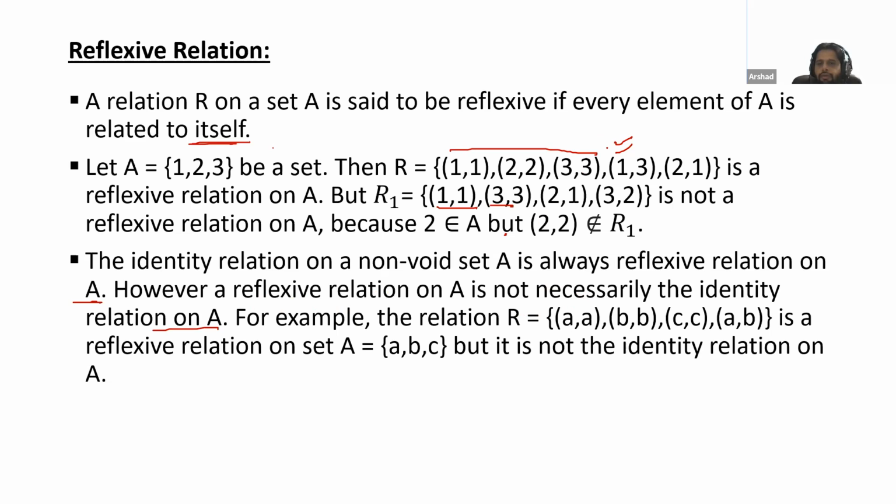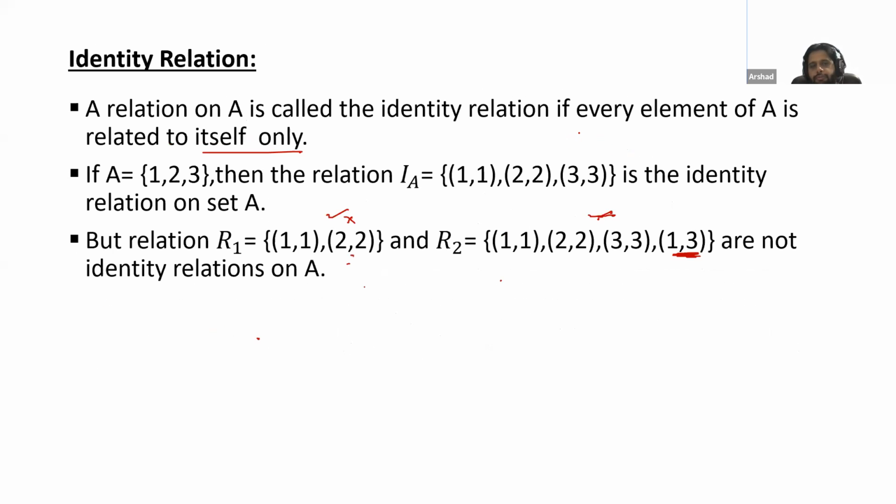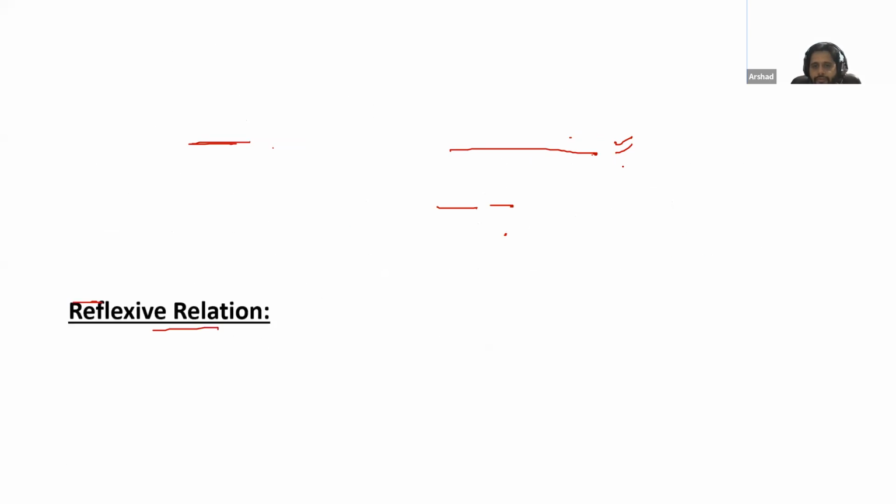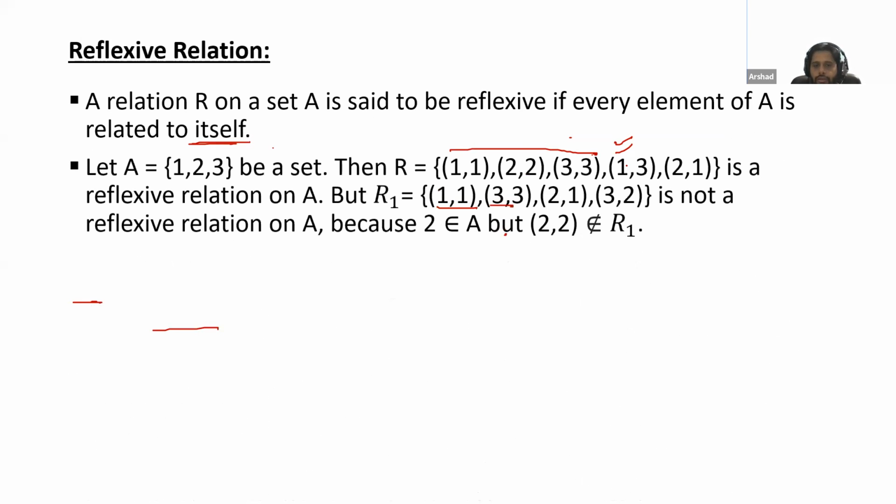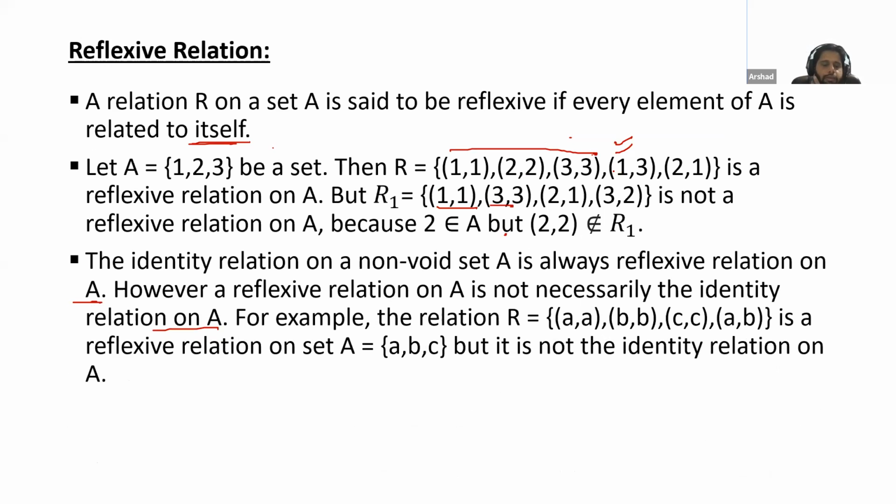For example, we can check this one. This is a reflexive relation, but this is not identity. If you check the previous example, this is an identity relation and this is also reflexive. So all identity relations are reflexive, but all reflexive relations can't be identity. Some reflexive relations can be identity, some cannot. But this is clear.